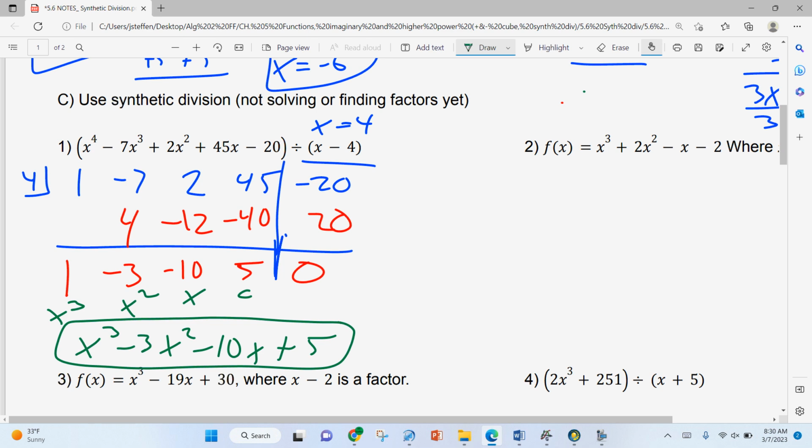Again, later on, we'll do some more factoring or solving to break that answer down even further. You know how to do factoring. That's not the end of the world.